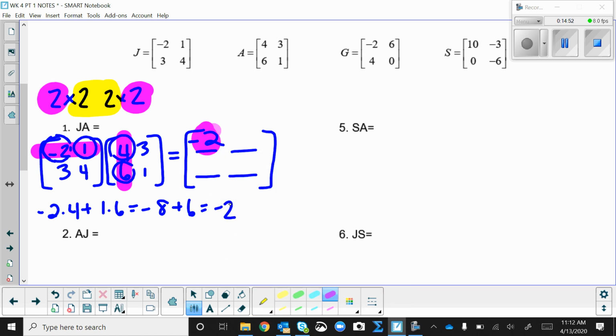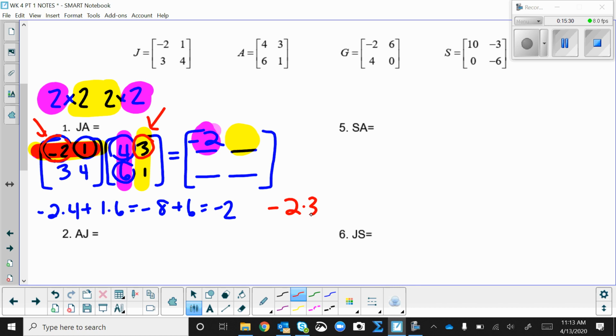Now I'm going to move on and do row 1 times column 2. Where's that answer going to go? In my answer matrix, it's going to go in the row 1, column 2 spot right here. So row 1, entry 1 is -2. Column 2, entry 1 is 3. That's their corresponding entries.